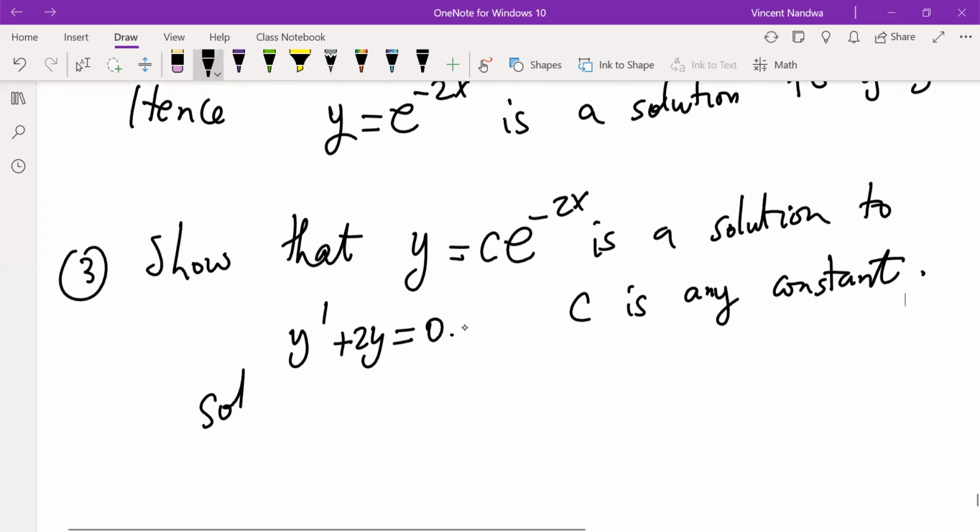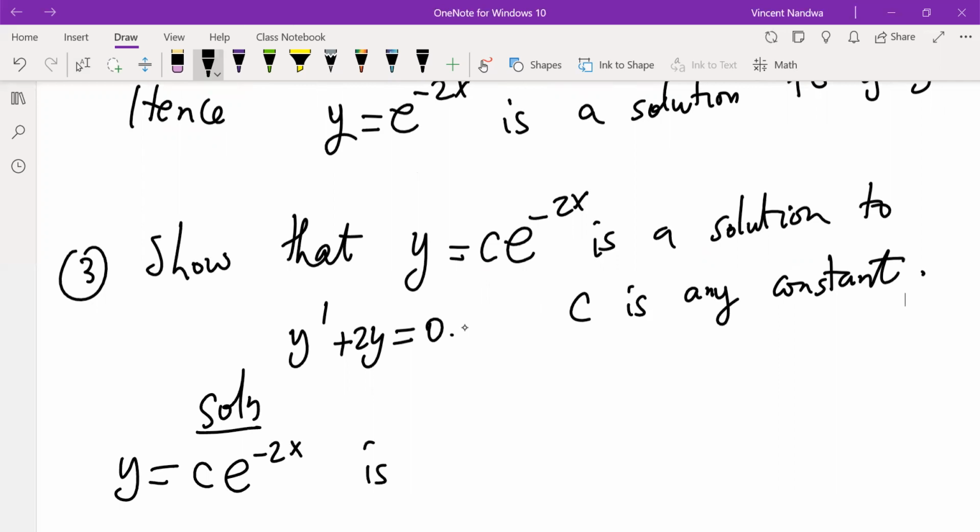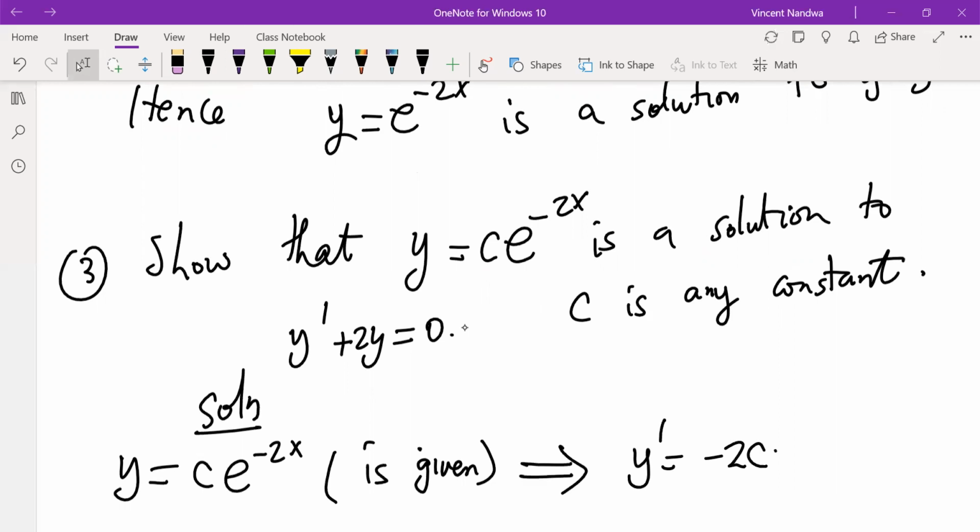Now, to verify this, y equals c e raised to minus 2x is given, which means y prime is minus 2c e raised to minus 2x.